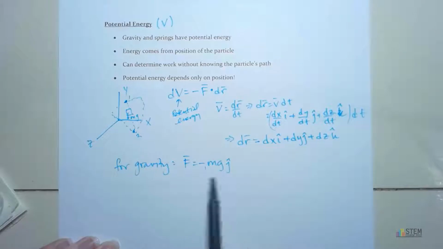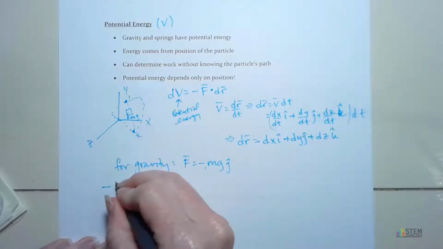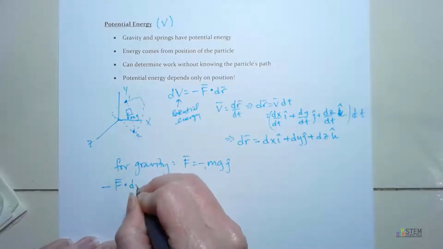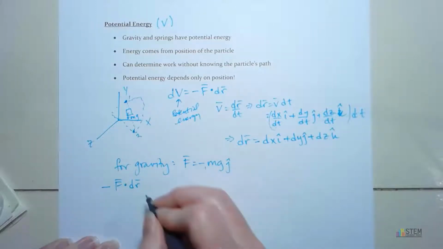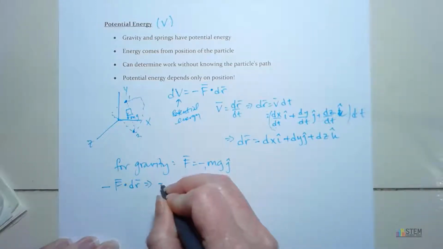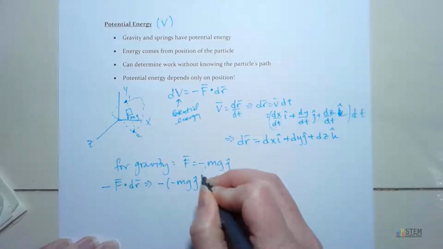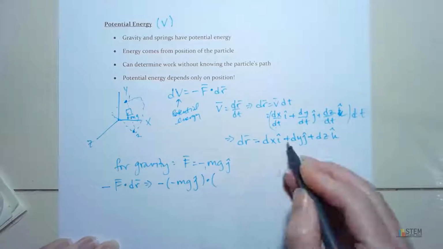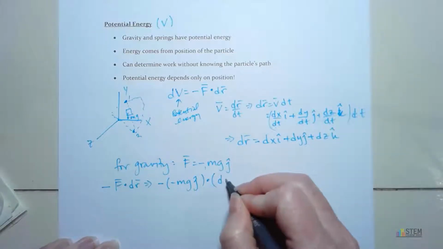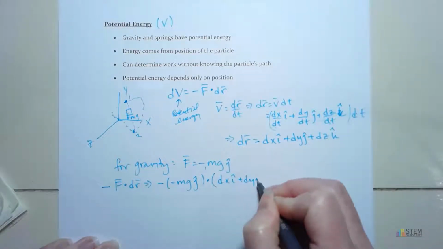Now I'm going to take this and plug it into this equation. So we'll have negative F dotted with dr. Well, that's going to be negative times negative mg j dotted with dr, which is right here. So let's write that down.